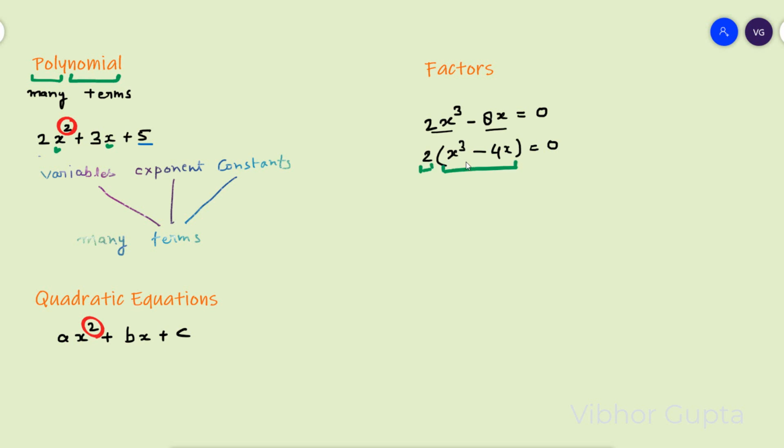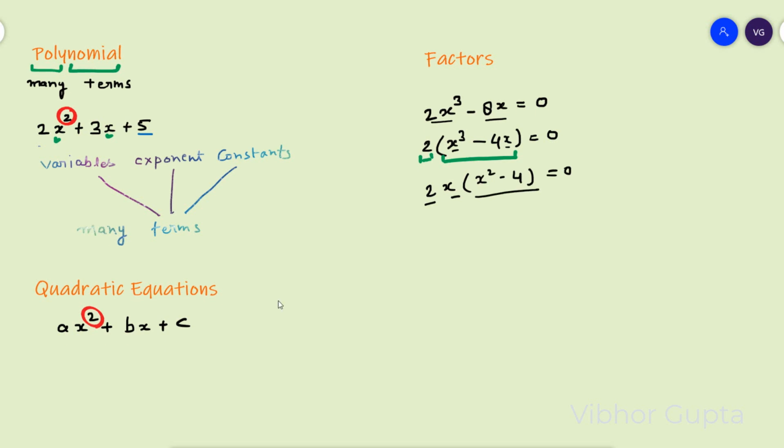And if I further simplify this equation, I can say 2, and here x is common, so I'll take it outside, so I'll say 2x, and then here it will be x square minus 4. So now you have these factors, right? 2x and x square minus 4. Now here I can write this 4 as 2 square, right? So it will be x square minus 2 square. So the factors would be 2x, then x plus 2 and x minus 2 equals 0.